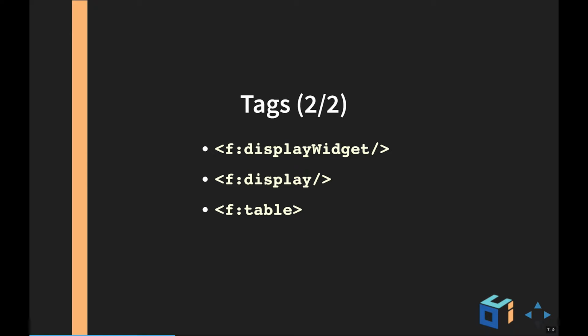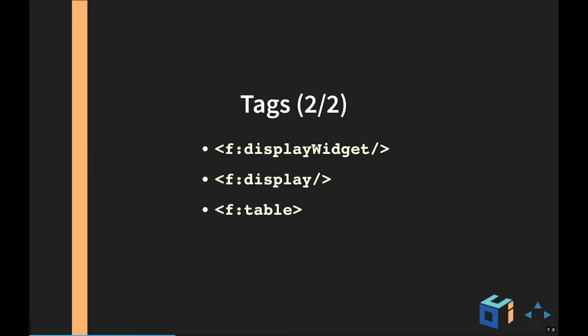But for date, it could be a format date, or for an enum that implements MessageSourceResolvable, it could be a g:message, so it will render the right output.